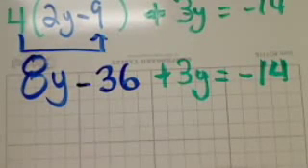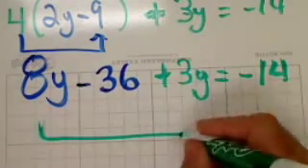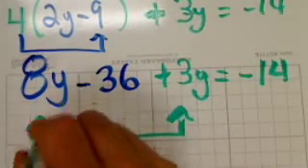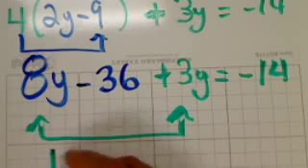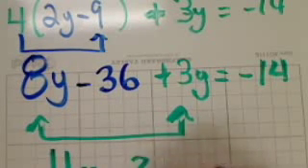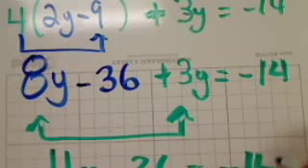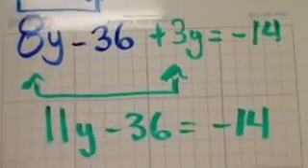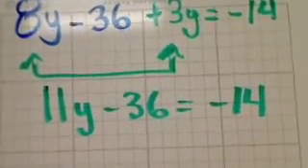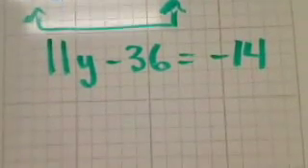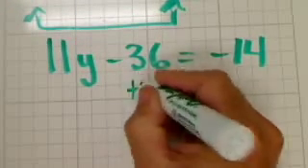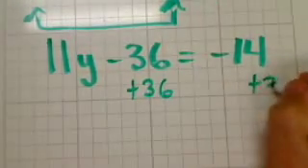Now I'll try to simplify what I've got. I've got the 8y and the 3y. Well, I can put those together and that gives me 11y minus 36 equals negative 14. Now I can simplify that even more by bringing the 36 over, so I'll add 36 to both sides.